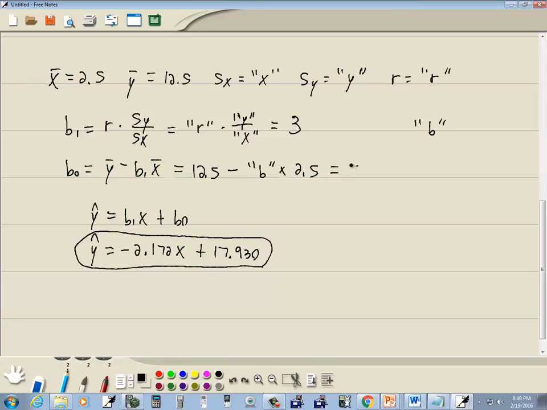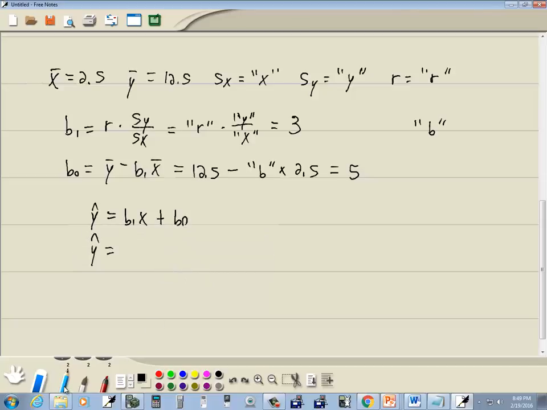Sure enough. I don't know. I have no clue what I did the first time. I apologize for that. I'm assuming I typed something in wrong. Okay, so B1 is 3, so I got 3x, and B0 is 5. So our answer is y hat is equal to 3x plus 5 when doing it by hand, which matches what we got on the calculator.